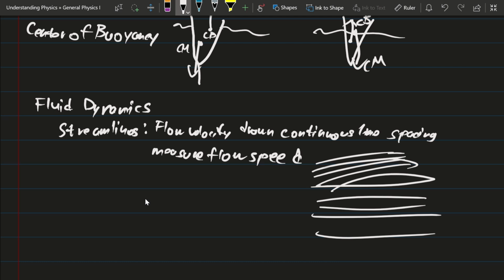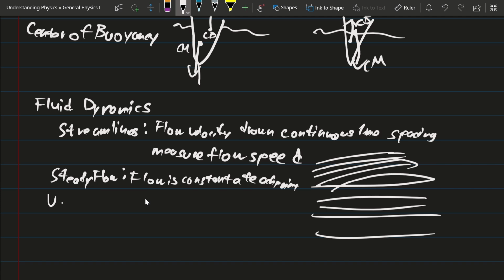For a steady flow, the flow is constant at each point. And if it is unsteady, that means it changes across time.